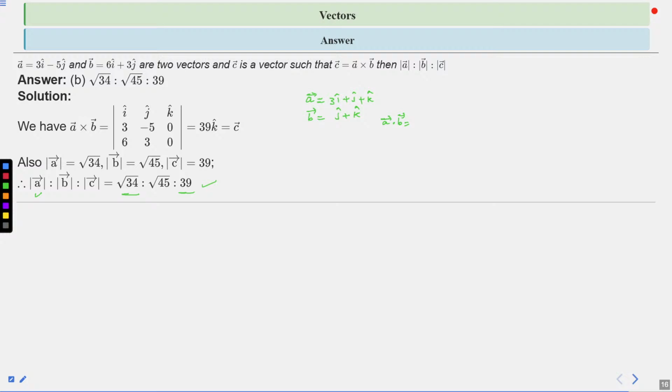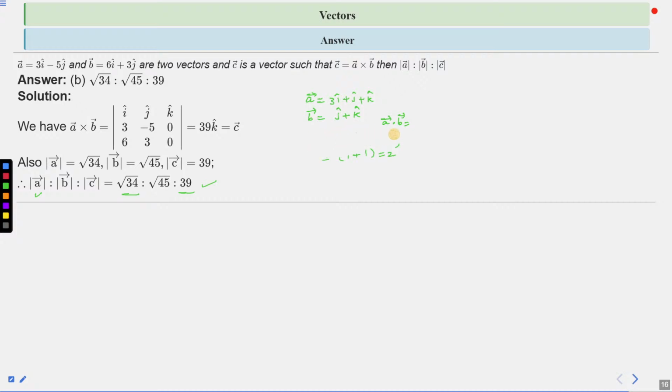We know A vector is 3 I cap plus j cap plus k cap, and B vector is j cap plus k cap. So it will be 1 plus 1 is equal to 2. So the correct answer is 2.